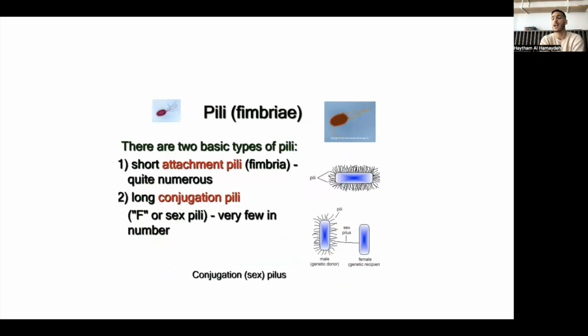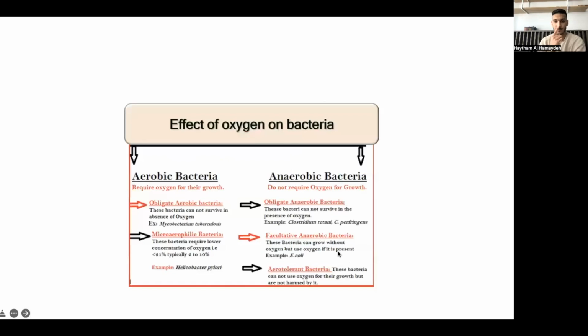Pili are actually used for the sexual activity of bacteria. These are sometimes very dangerous, though, because through conjugation pili, genetic material can be transferred from one bacterium to another.